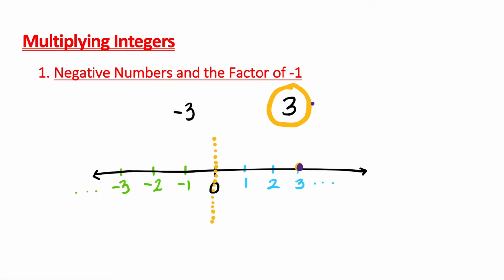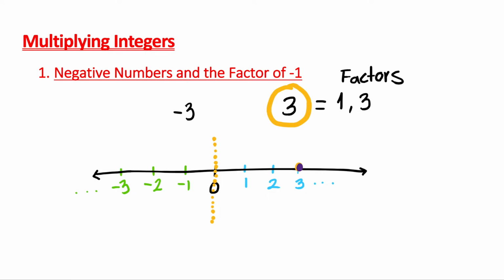Now, let's think about something with this 3. I want you to remember when we were doing factors last year and we were talking about 3. 3 is a prime number and it has 2 factors, which are 3 and 1, because 1 is a factor of all whole numbers. So 1 and 3 are the 2 factors of 3.